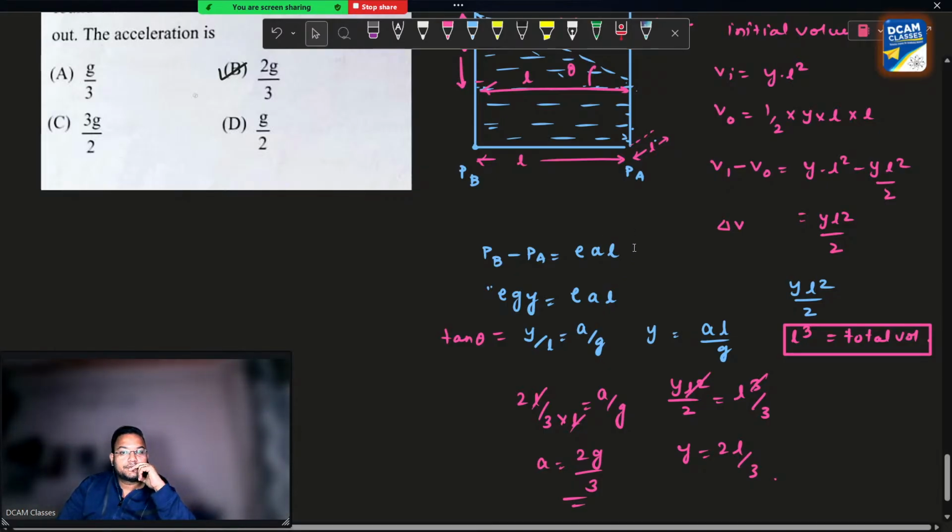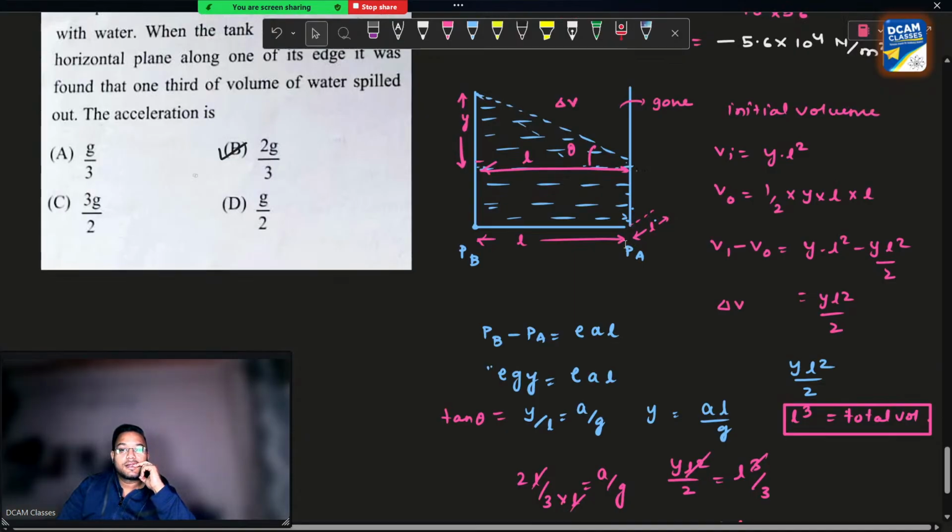Tell me. Sir, I considered the excess volume that had been spilled as 1/3 of volume, that's 1/3 H, 1/3 L. Acha. 1/3 into yL square.